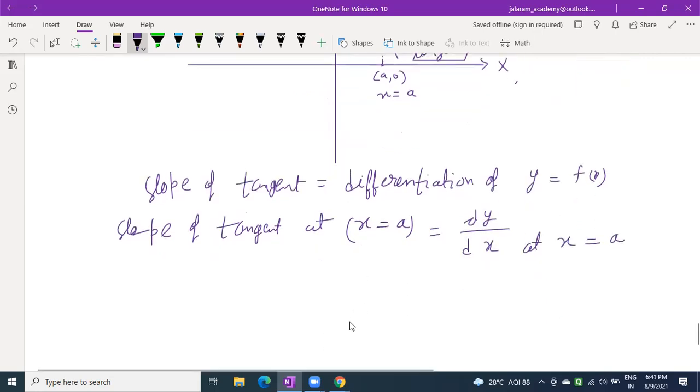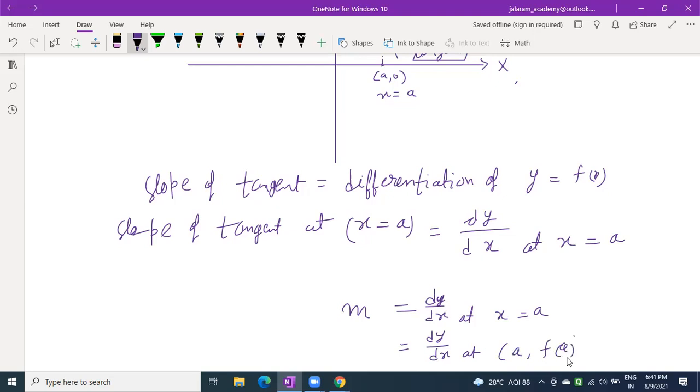And we represent the slope by which letter? M. So always remember, the slope of the tangent is given by dy by dx at x equals A, or sometimes dy by dx is in terms of x and y both, so we call it A comma f(A).